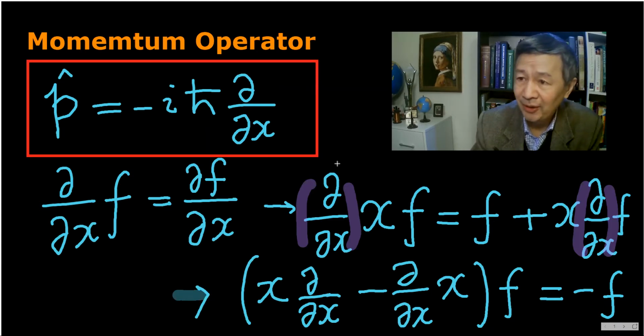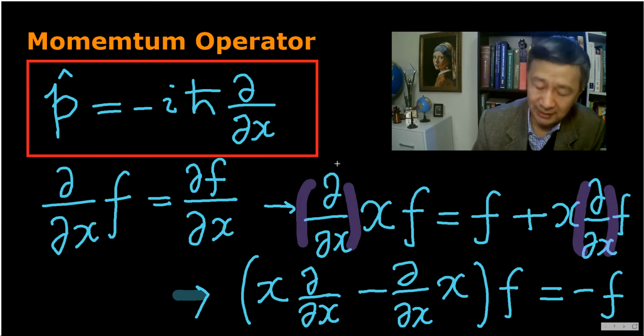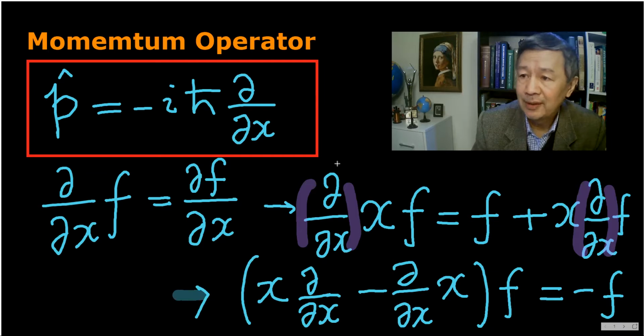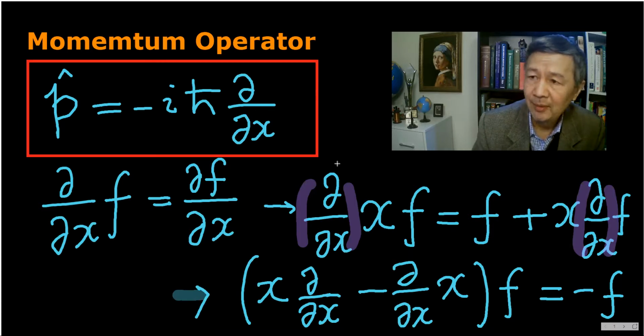This is a very brief introduction, but historically it was by using this description that Paul Dirac unified quantum mechanics: one is Heisenberg's matrix mechanics, the other is Schrödinger's wave function. Okay, thank you.